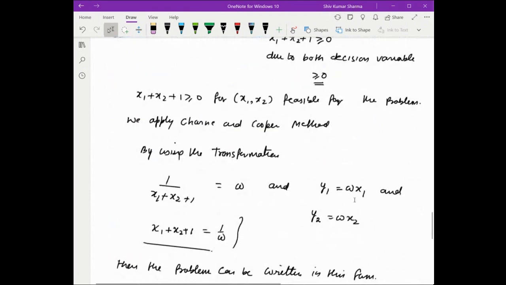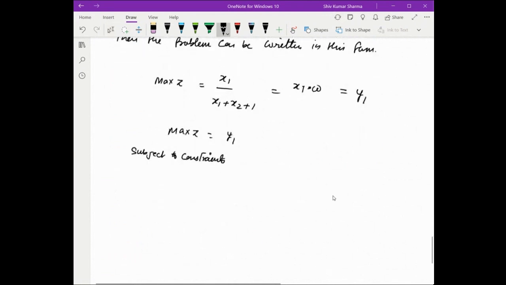So we put x1 equal to y1 upon omega, and we write y1 upon omega plus y2 upon omega less than or equal to 1. So we write y1 plus y2 less than or equal to omega, or y1 plus y2 minus omega less than or equal to 0. So this is our first constraint.